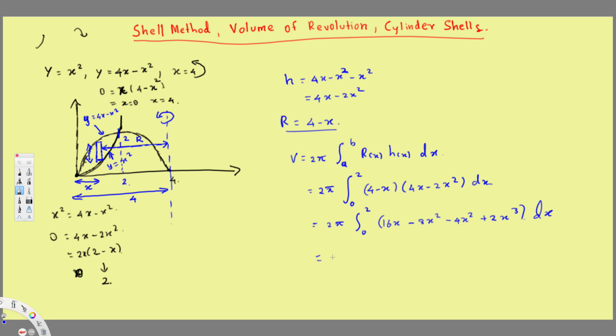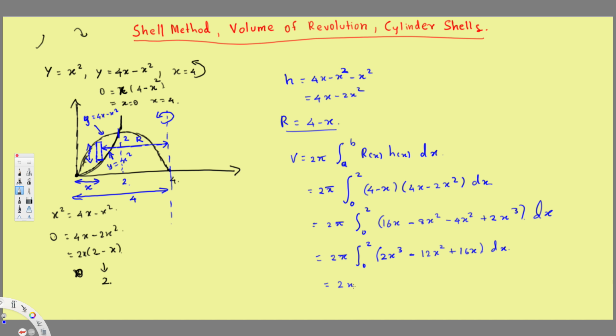Okay, so let's do this. 2 pi integral 0 to 2, and 2x cubed is the highest power, so I bring this one to the front. 2x cubed, and then here we can add them together. Minus 8x squared minus 4x squared, that's going to be minus 12x squared. So this is going to be minus 12x squared plus 16x. Now this one is easy to integrate, so let's do the integration.